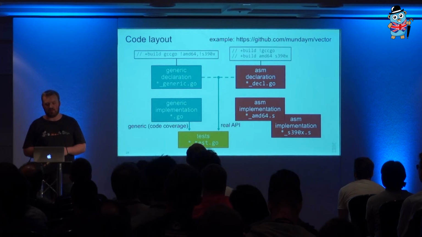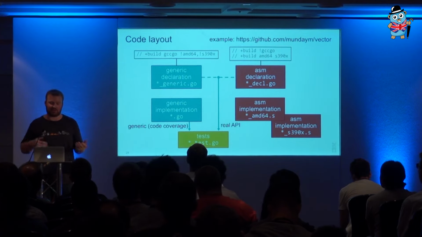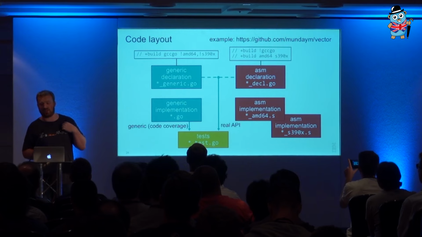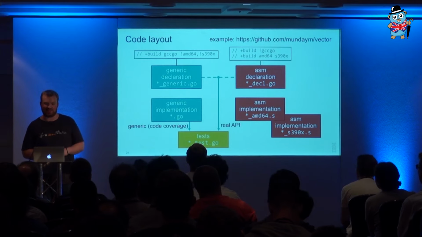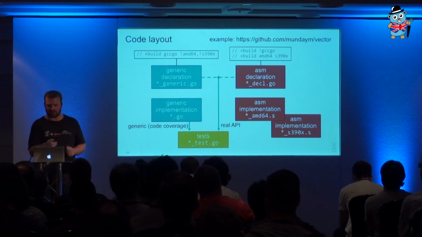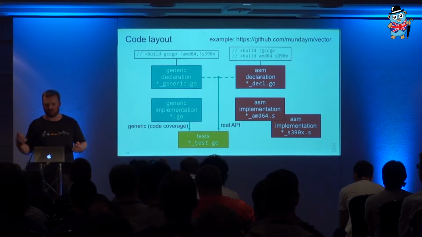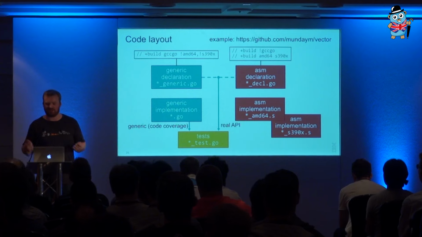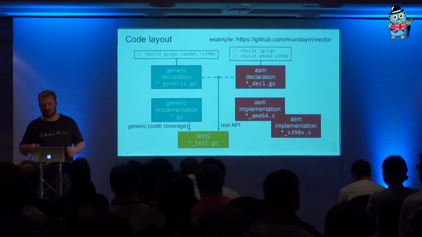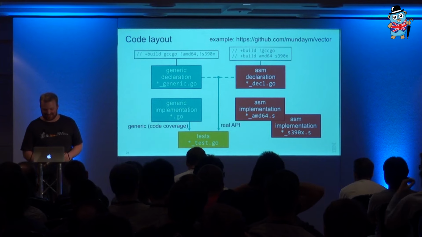Usually feed them into your tests so that you get good code coverage of your generic implementation as well as your optimized assembly implementation. And if you want to take a look, I put the link up there to an example of this, so you can have a play around and adapt it to your architecture. Hopefully I haven't made any mistakes, but probably have.